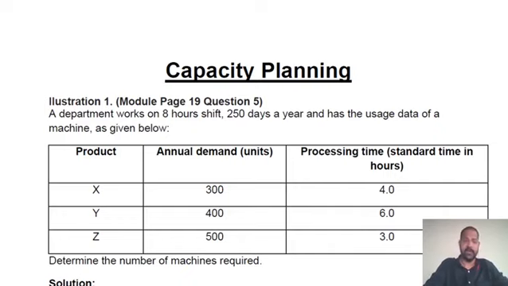What are you asking me? Determine the number of machines that I require. See, you have given me my capacity in terms of time. You've told me that I'm working 8 hours for 250 days. That is what I have. What I want is given to me as units, so I can't compare time with units.